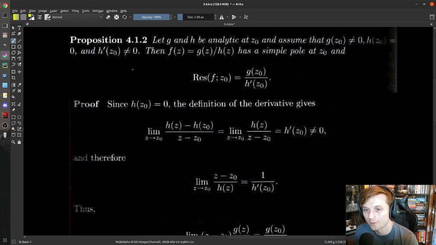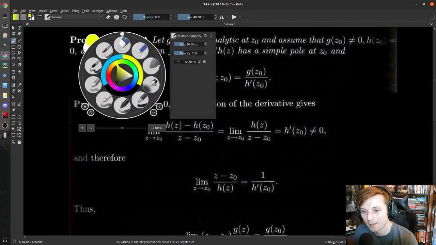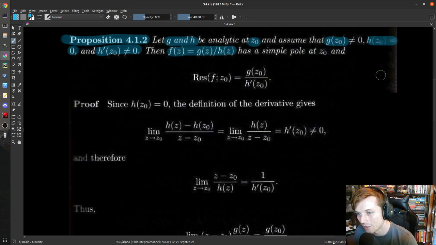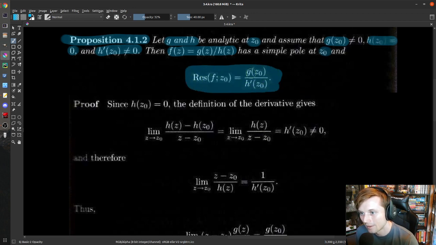Proposition 4.1.2: if g and h are analytic at z naught, and g of z naught is not equal to 0, h of z naught is equal to 0, and h prime of z naught is not equal to 0, then the function f of z equals g of z over h of z has a simple pole at z naught, and the residue of f at z naught is g of z naught over h prime of z naught.